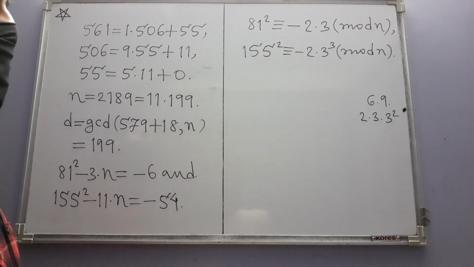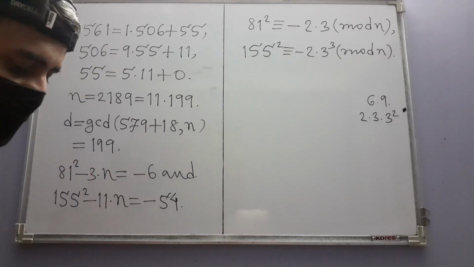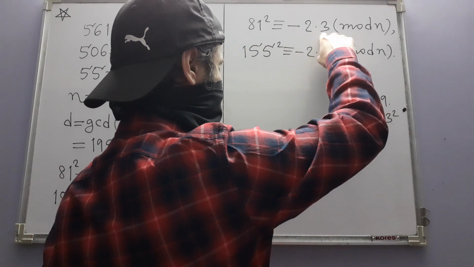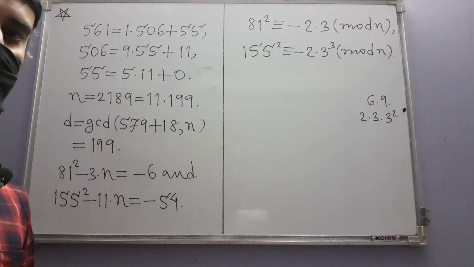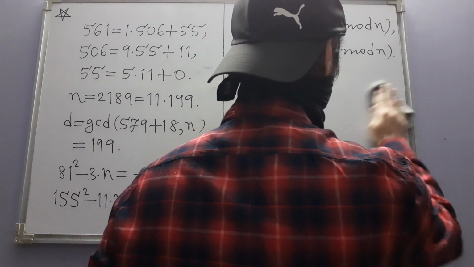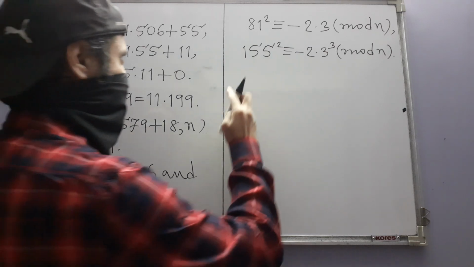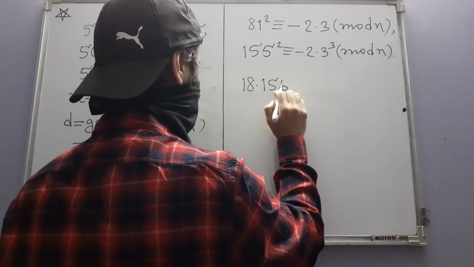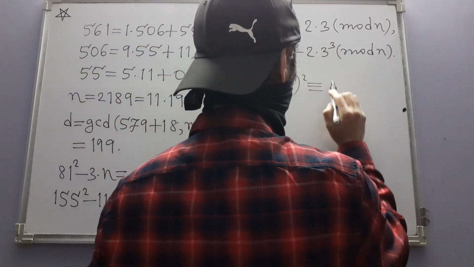But luckily, if we multiply these two congruences, then we get a square on the other side. We have two 2's here, and ultimately we end up getting 4 3's. So the individual congruences do not really give us what we want, but their product gives us what we want. The left hand side is already square, so if we multiply these two congruences, you get 18 times 155 square, and because we are multiplying minus anyway, it becomes plus.